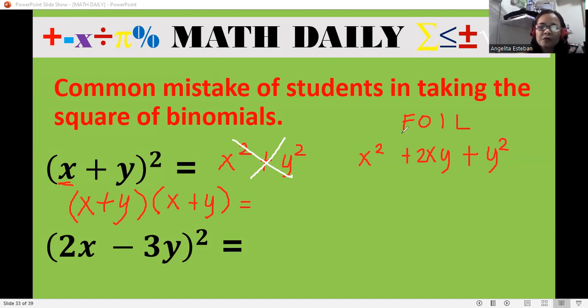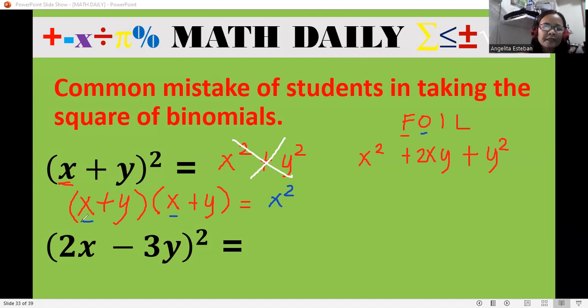Now, if you are going to use the FOIL method, which is the long process, we have the first term. So we have to get x multiplied by x, and that results in x squared. And then we have the outside terms.